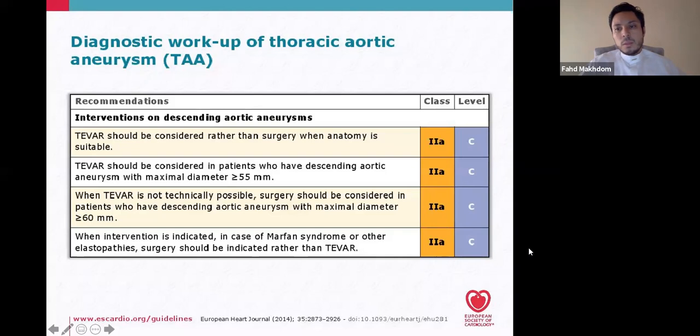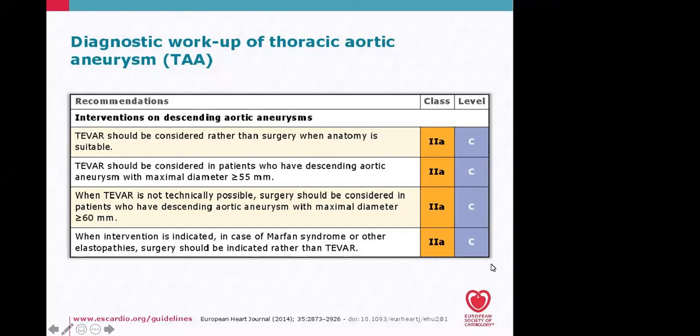The patient is asymptomatic. So I don't have a class 1 indication to intervene with this patient, especially as he's asymptomatic.